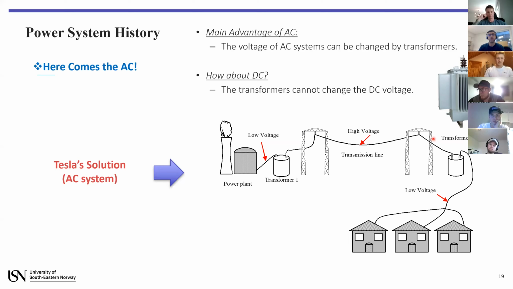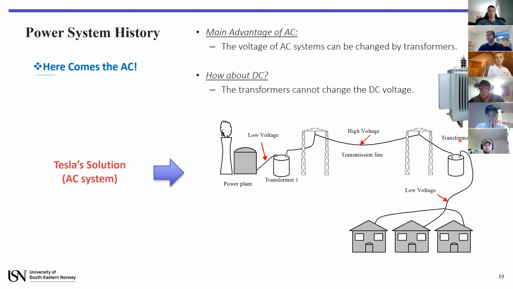Now we are working with AC, but the technology improved over time, and now we have high voltage DC as well. But at that time in the 19th century, they decided to focus on AC because they had enough technology to increase the voltage.